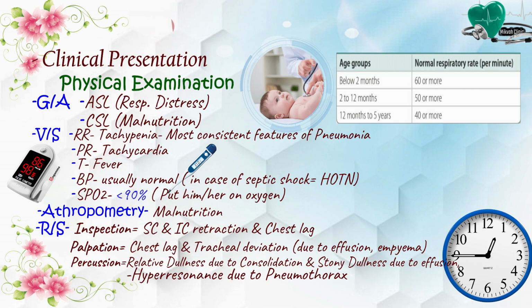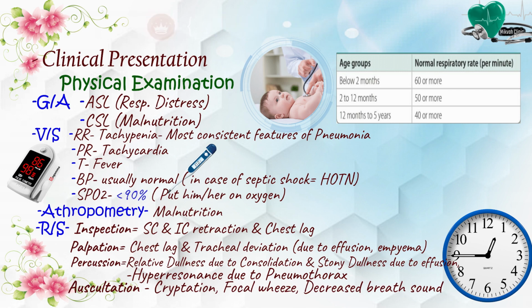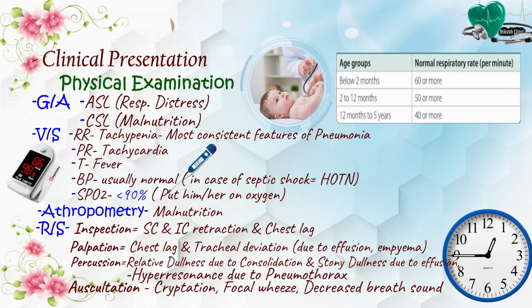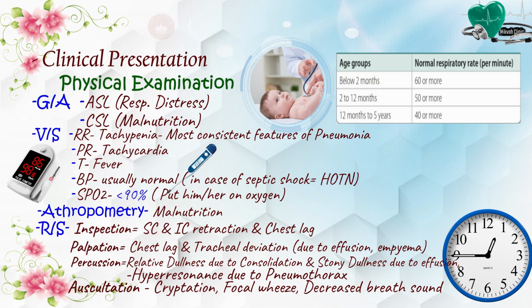Then auscultation. Under auscultation, we get crepitations on the affected lung. Don't forget that crepitation is commonly identified in bacterial pneumonia, especially pneumococcal pneumonia. And wheeze because of narrowing of the airways, because as I mentioned in the pathogenesis, some of the etiologic agents cause the respiratory epithelium to become edematous, which causes narrowing of the airway.